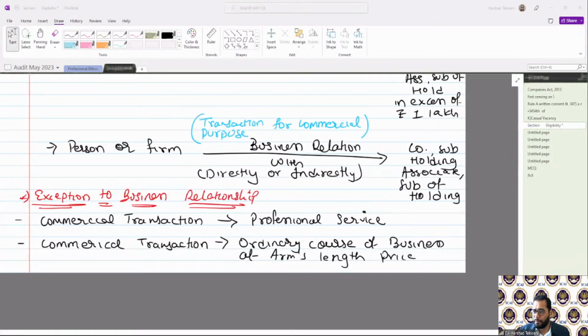Clear? So in these cases, this will not be counted as a business relationship. This will be a normal transaction. This will be out of the purview of business relationship, and the person will not be disqualified here. Clear? Any doubts till now?